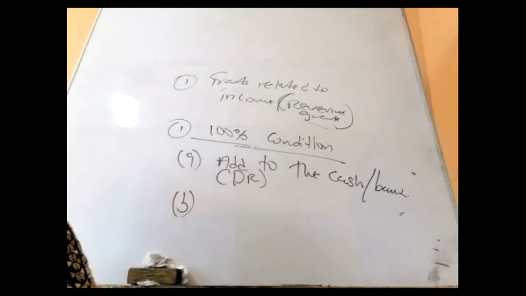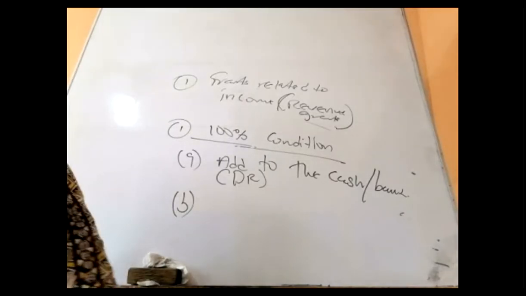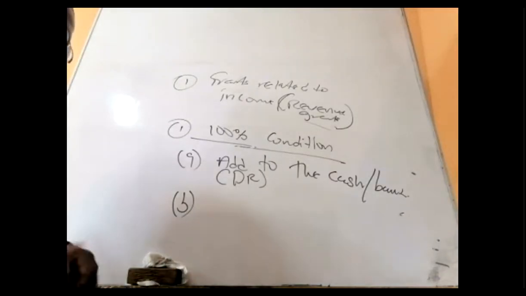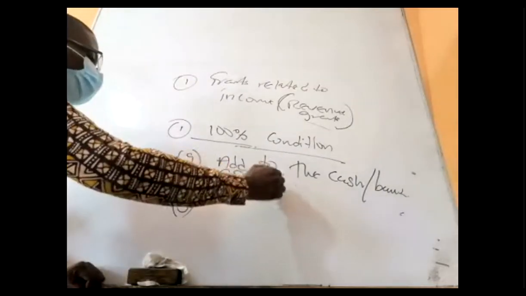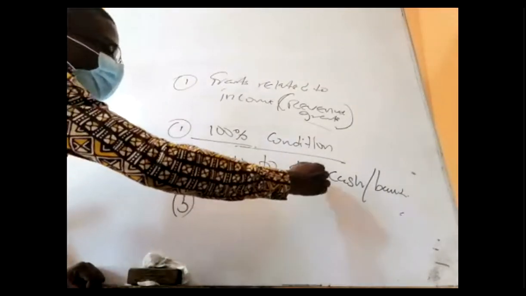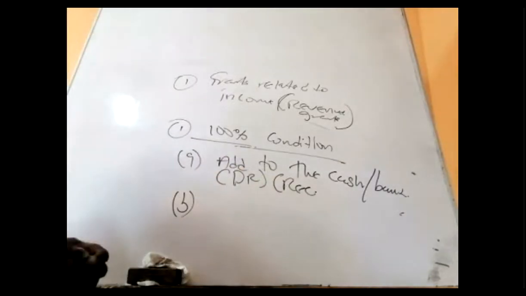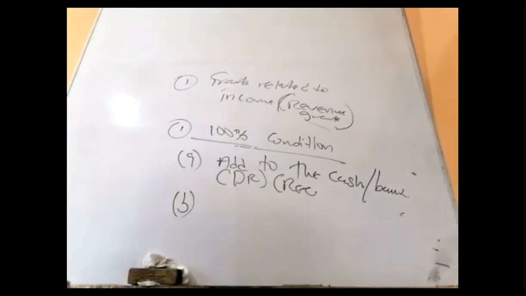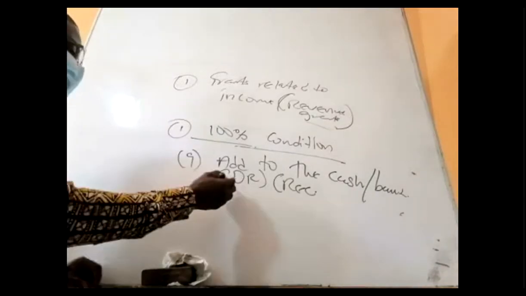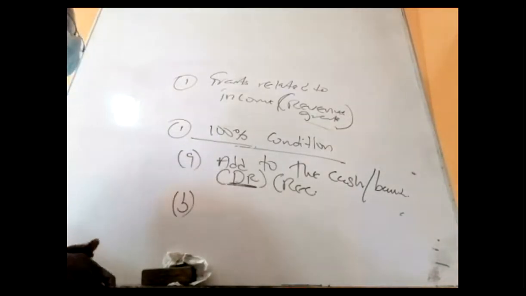You add it to your current asset as grant receivable. So in brackets, receivables, if you have not received the money but you have fulfilled the 100% condition. When the money is received, you add it to the cash balance. It is a debit side, so you are debiting the cash.